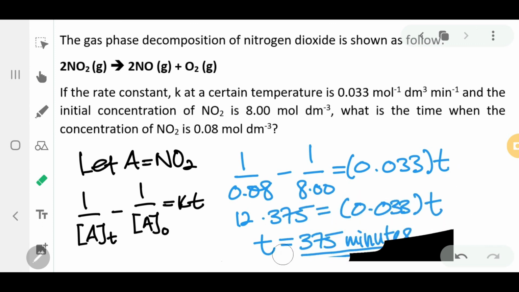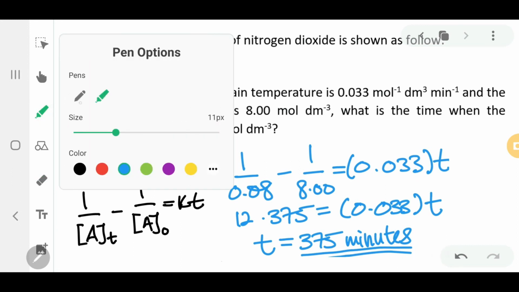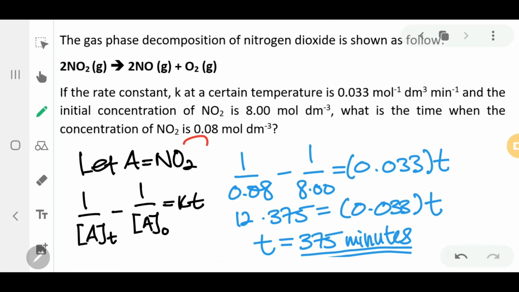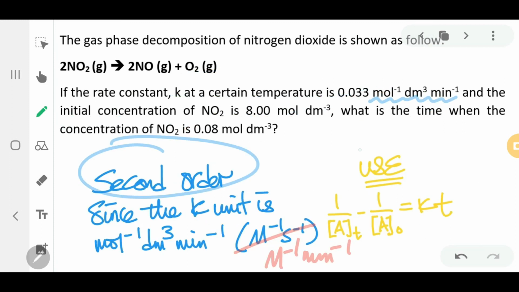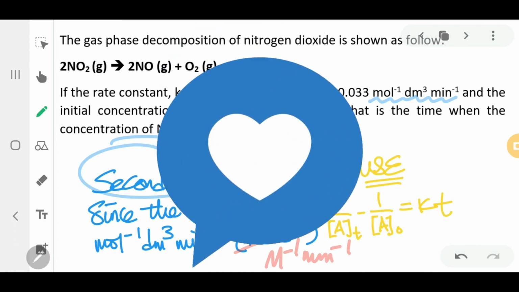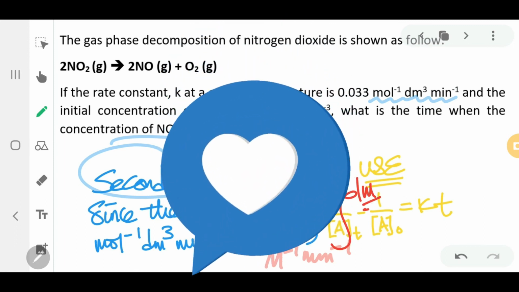Finally, you should be able to find the time. This whole thing over here will give you 1 mark. This one is just a statement, so it doesn't have any mark. And this one over here, you will have 1 mark.